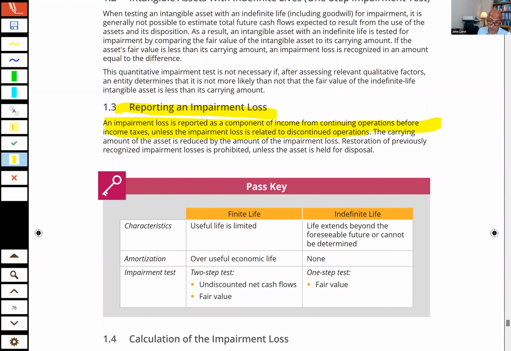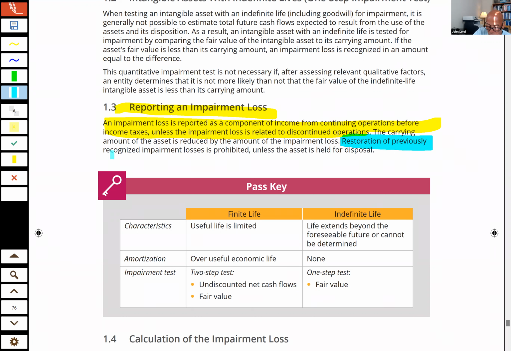If the impairment loss, and remember when we talked about impairment, we had loss from the operation of the asset, the impairment of the asset and disposal gain or loss. So that impairment would be part of the loss that we would report in the discontinued operations of the income statement. And of course, we would report that net of tax.